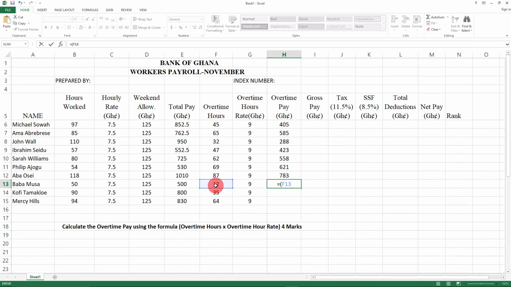So instead of 12 times 9, we are using the cells to do it by G13. Enter. So 14 equal, so F14 by G14.